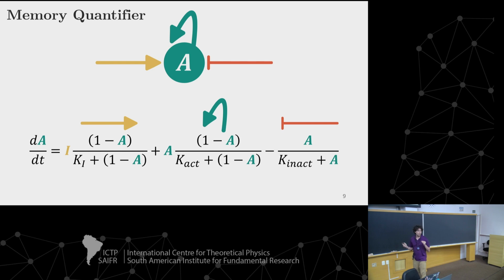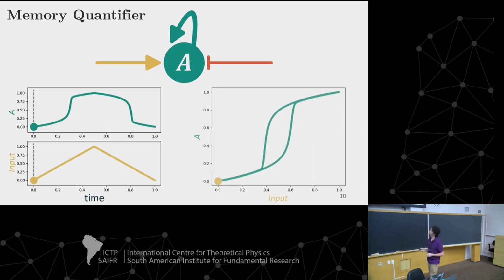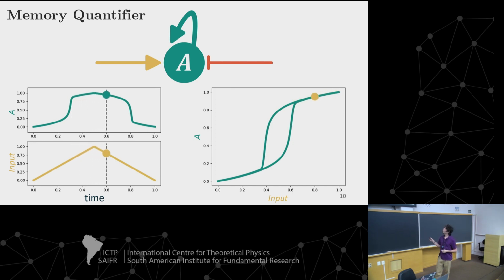Let's take this really simple network: just one node that has these three different terms. It has dynamics, and you can activate it by an input, inactivate it, and it also has a positive feedback, it activates itself. If you do an input scanning on this network, it goes by here and comes back by here, so it has hysteresis.